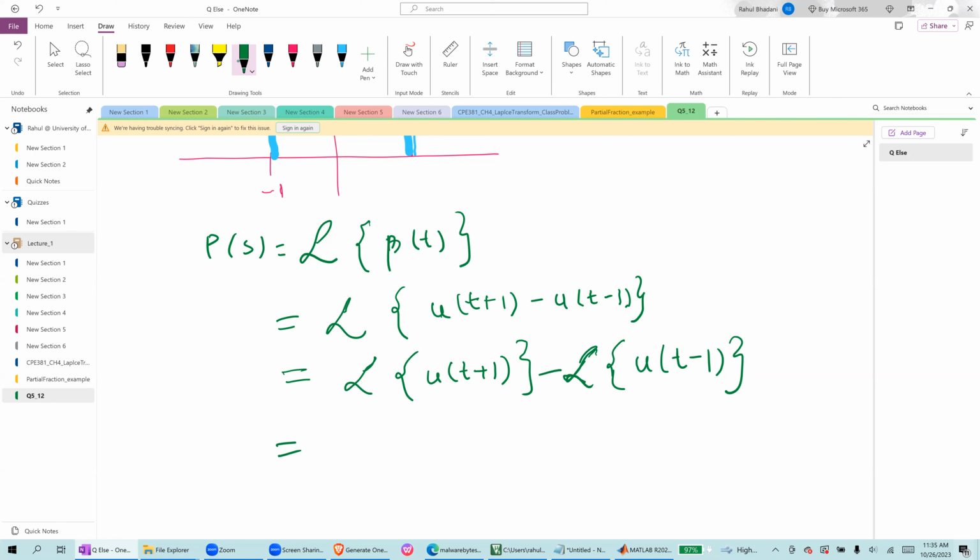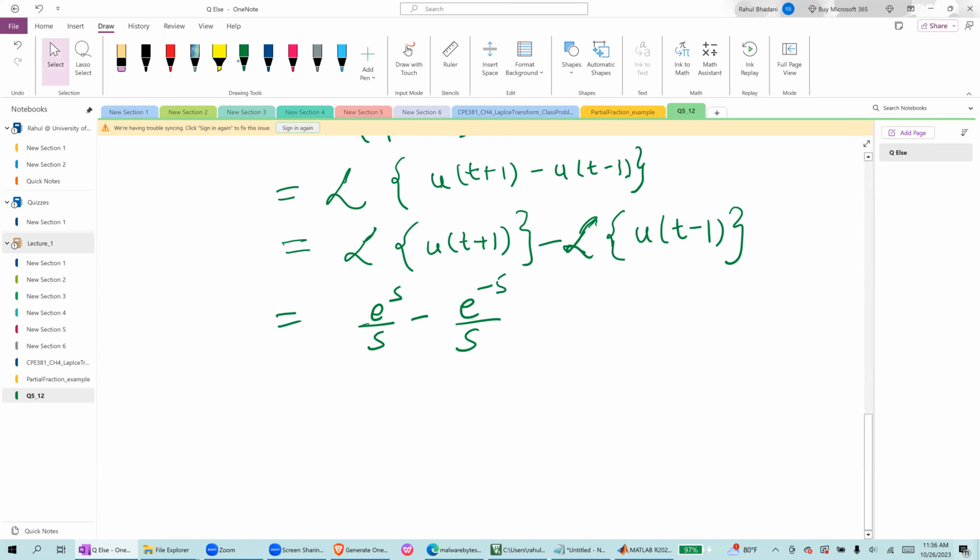The Laplace transform of u of t is 1 by s, so the Laplace transform of u of t plus 1 will be e to the power s divided by s, and for the other direction, e to the power minus s divided by s.